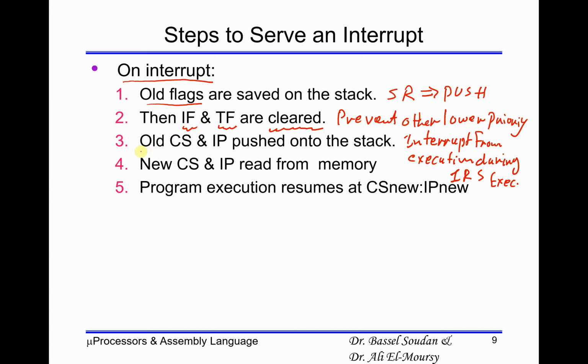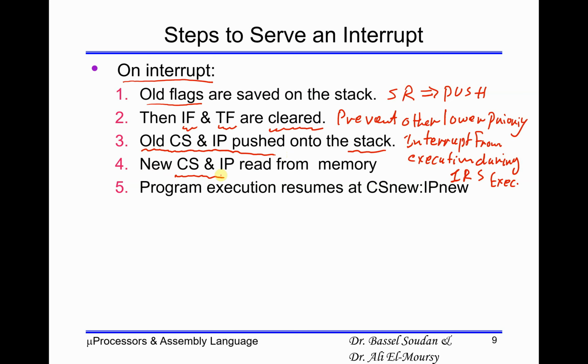It should push the old CS and IP. Where? Into the stack. Maybe I will return back from the interrupt service routine, but this will definitely not happen in the reset case. Then a new value for CS and IP should be calculated.